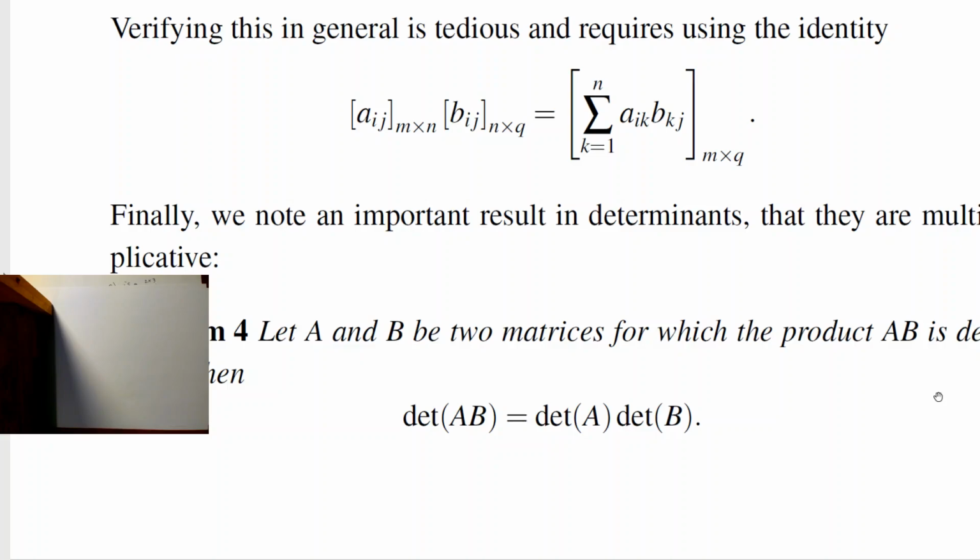Okay, determinants are multiplicative, meaning that the determinant of the product of A and B is the product of their determinants. That's a really important result. And it can be used to verify a lot of matrix identities, and it can be used to simplify your own calculations. Alright, I'm going to stop here, and I'll see you in the next video.